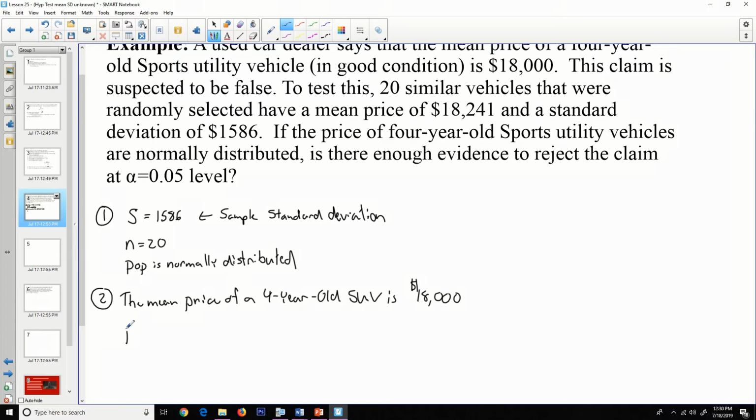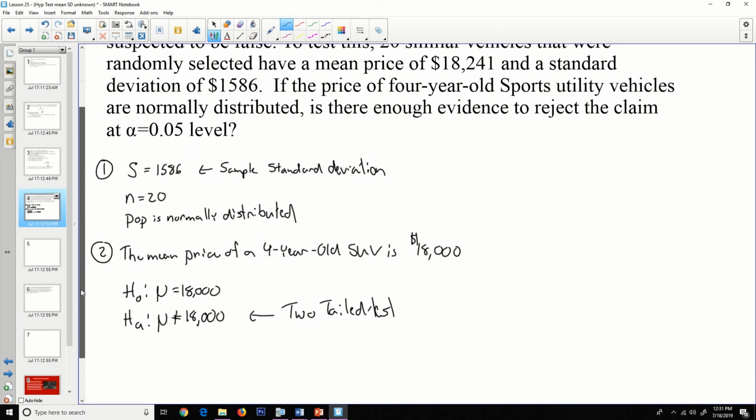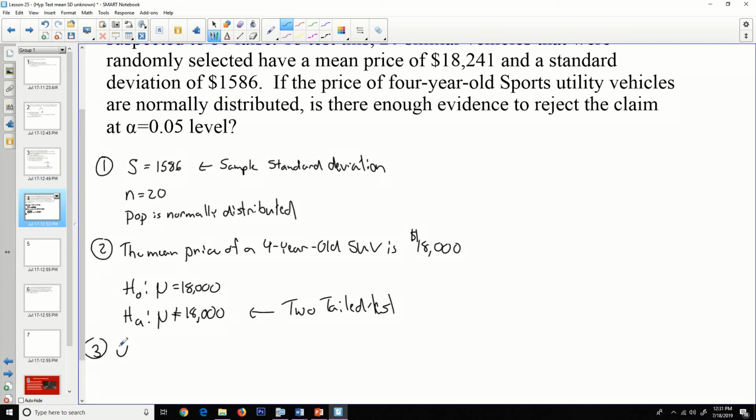All right, so since this is a statement of equality, our null hypothesis is going to be a mean of 18,000, and our alternative hypothesis is going to be a mean not equal to 18,000. And so that implies a two-tailed test. All right, and so since in step 3 our level of significance is 0.05, we're going to divide that into two parts.